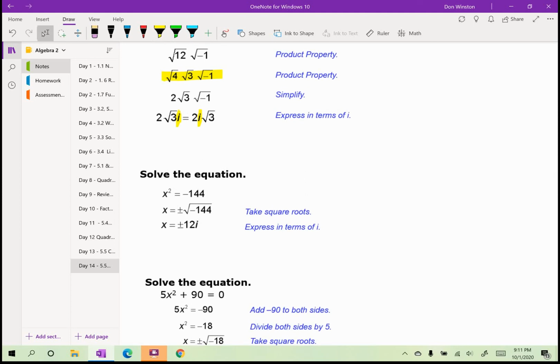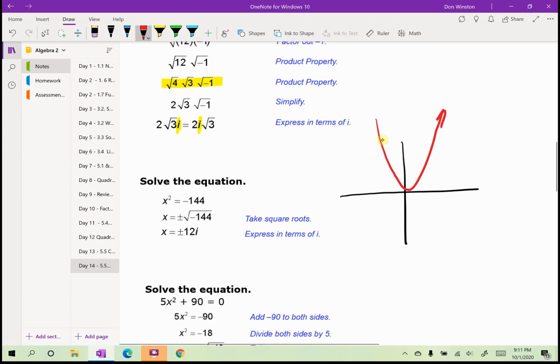Okay, now we'll be solving equations. So let's say here we're trying to solve the equation x squared is equal to negative 144. And I think I was telling you yesterday, you will never be able to use decimals to figure these out, right? Because they'll involve imaginary roots. If you take a look at the function x squared, it looks like this, right?